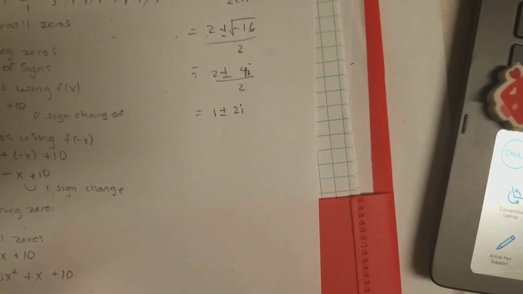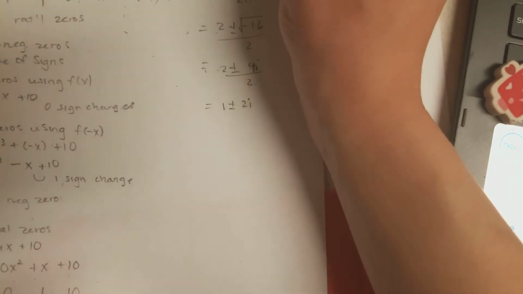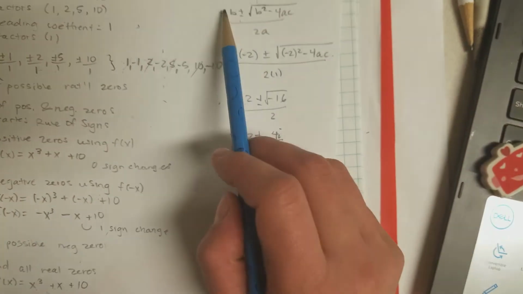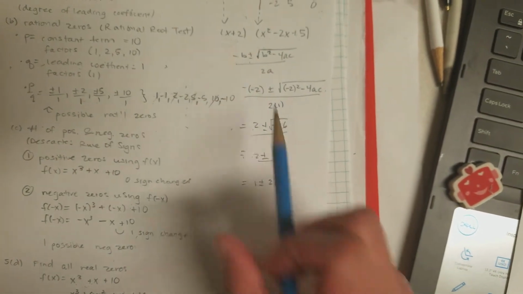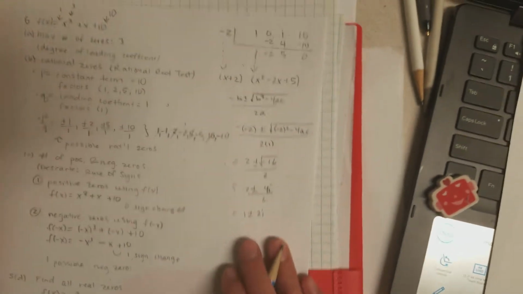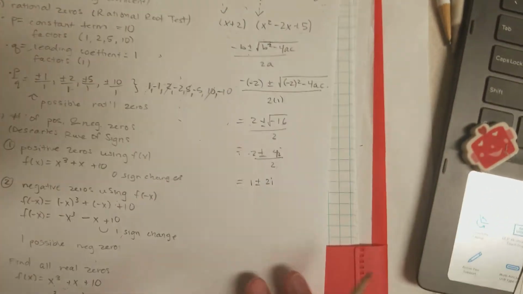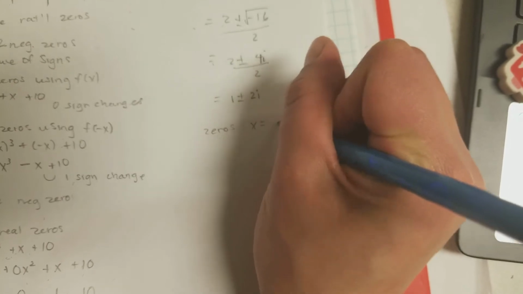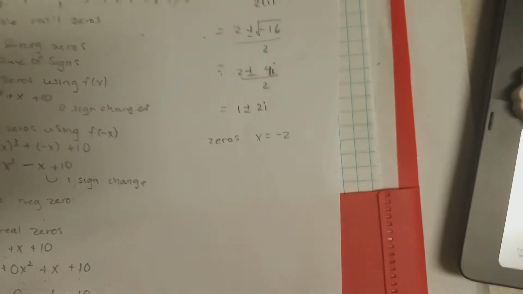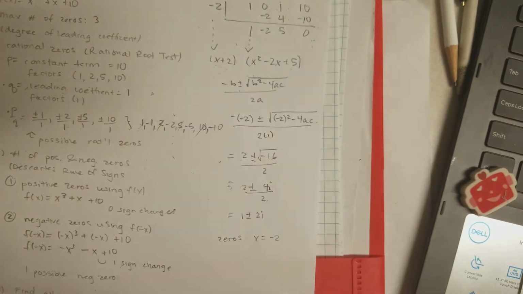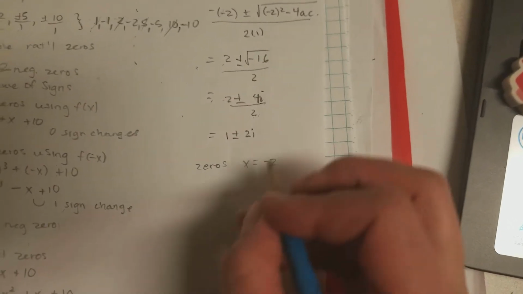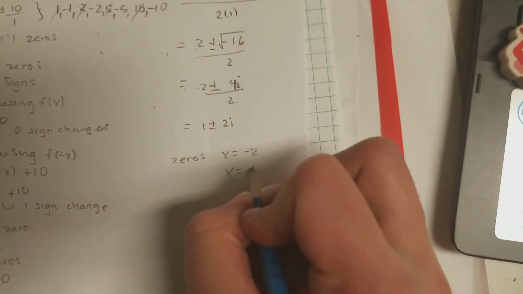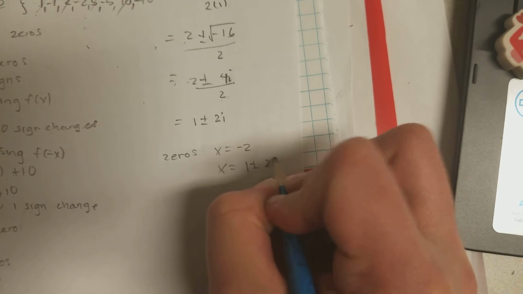That's our zeros. So remember we had x equals negative 2 from when we did our synthetic division. So our zeros are x equals negative 2 from the synthetic division, and x equals 1 plus or minus 2i.